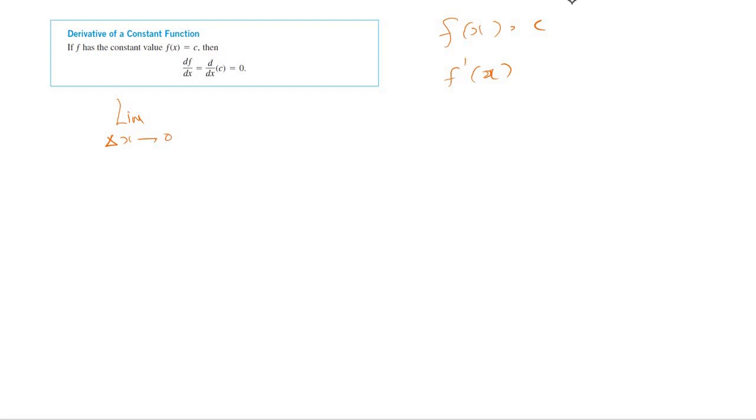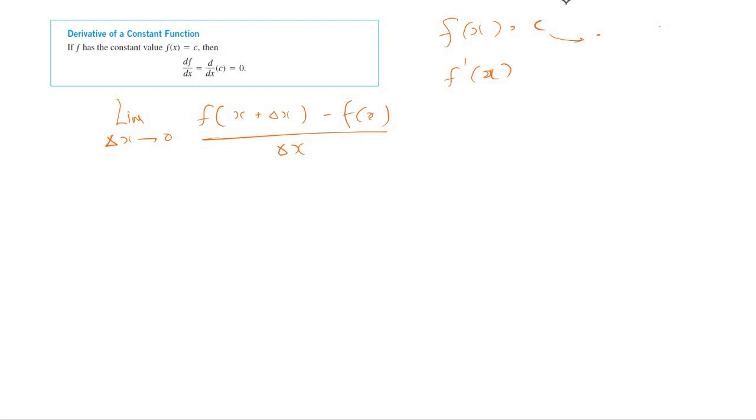What we do is we substitute x plus delta x for c and then subtract c again and divide it by delta x. I'll first write the definition: f(x plus delta x) minus f(x), over delta x.